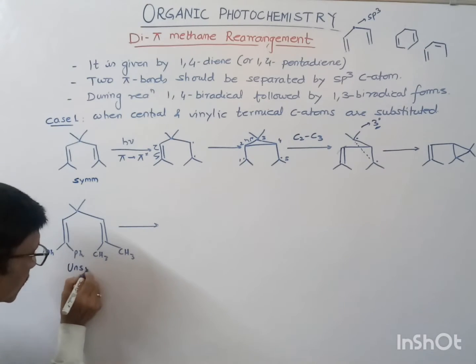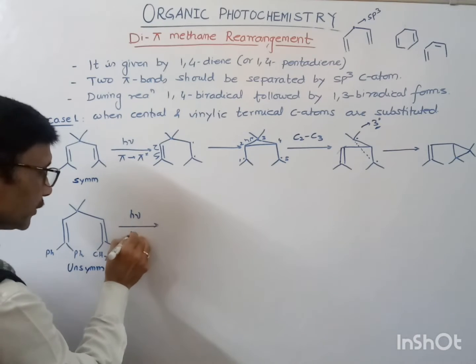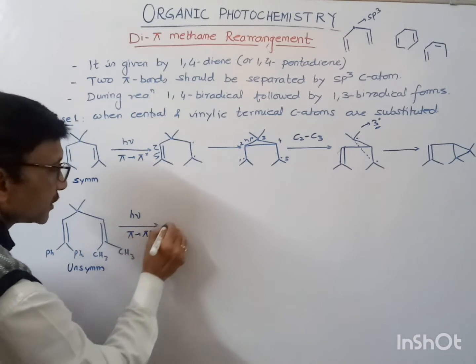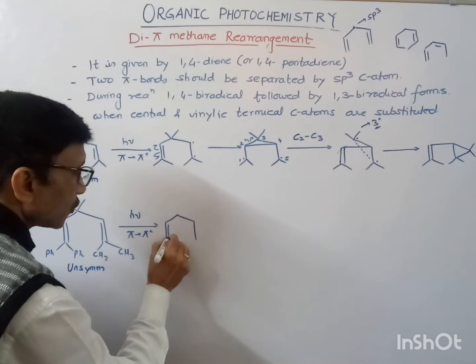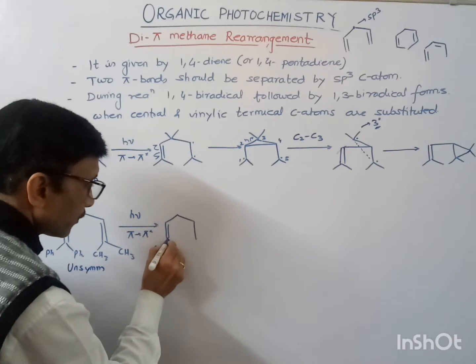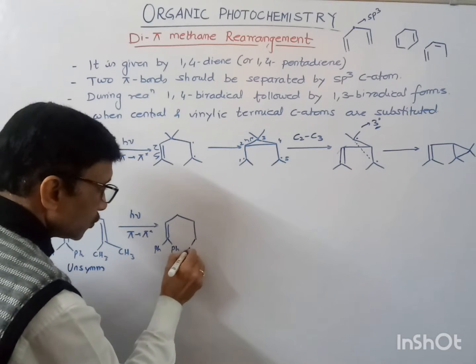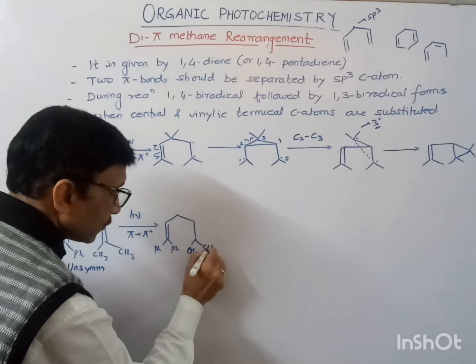On irradiation, a pi to pi star transition takes place, and one electron goes from the pi bonding molecular orbital to the pi star antibonding molecular orbital.